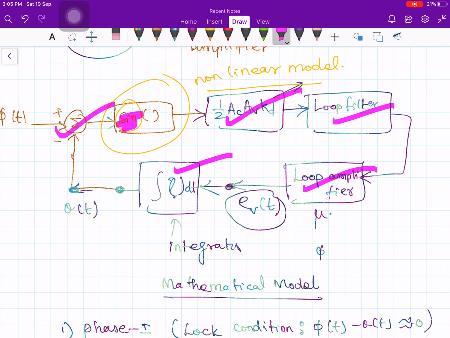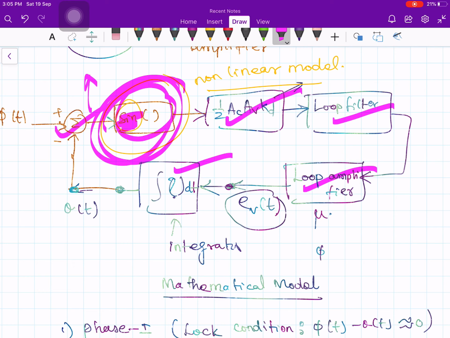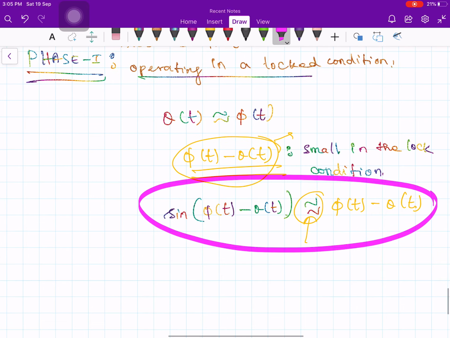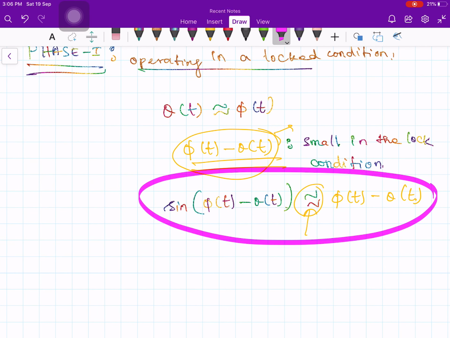Everything is linear except this block, where the input is something and the output is sine of that, so sine of phi of t minus theta of t. However, if I use this approximation, this also becomes linear now. Therefore, the non-linear block diagram becomes a linear block diagram, and that gives us what is called a linearized model of the phase locked loop.